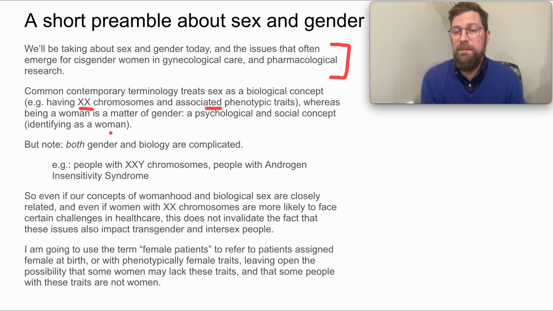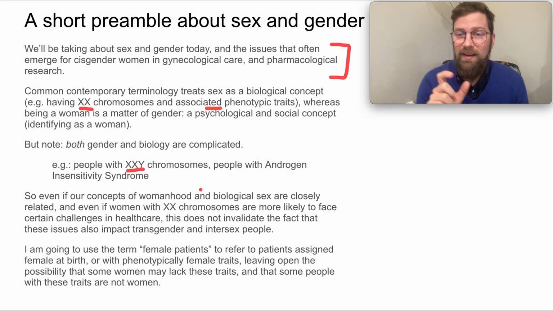Now, some people get the picture that, oh, well, a person's sex then is straightforward, it's simple, it's cut and dry. Either you're female or you're not, either you're male or you're not, whereas gender as a psychological thing is on a spectrum. I think that we should pause and notice that both gender and biology are complicated. So we might realize that there are people in this world with XXY chromosomes.